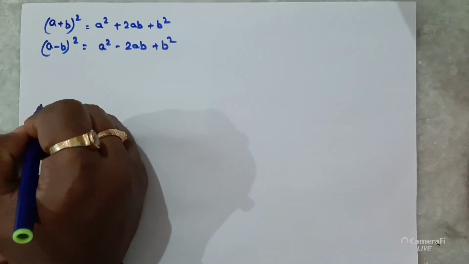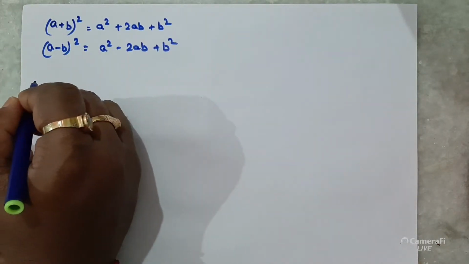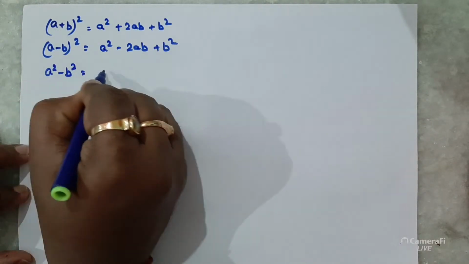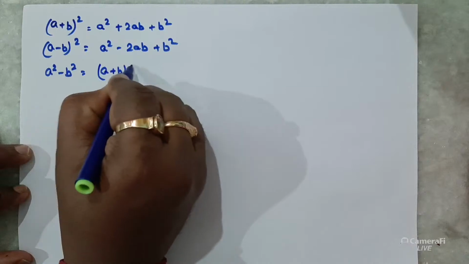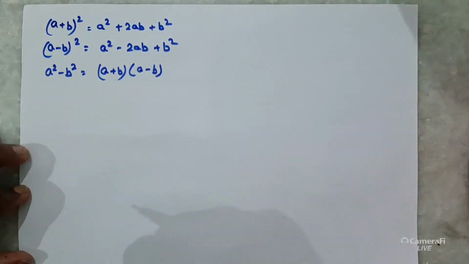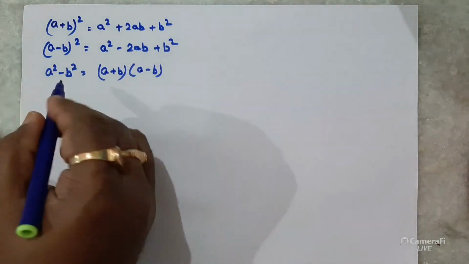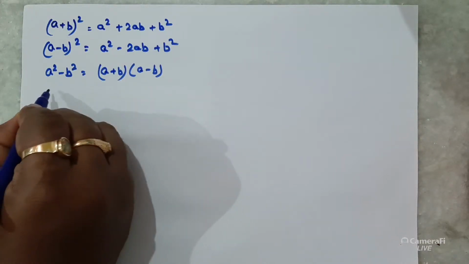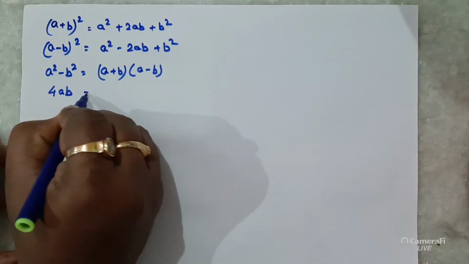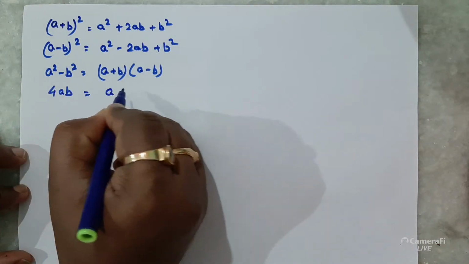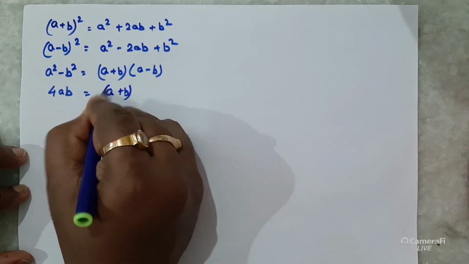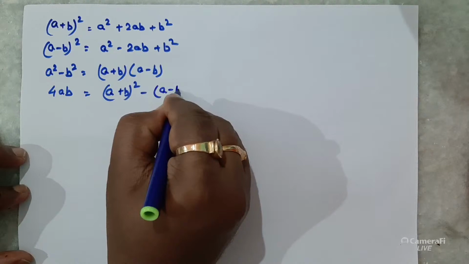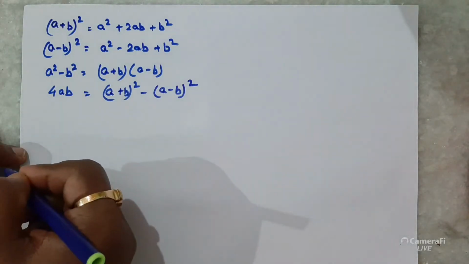Next, regarding the square formulas, there are more, like a square minus b square is equal to a plus b into a minus b. Okay. Then there are next formulas, like 4ab is equal to a plus b whole square minus a minus b whole square.